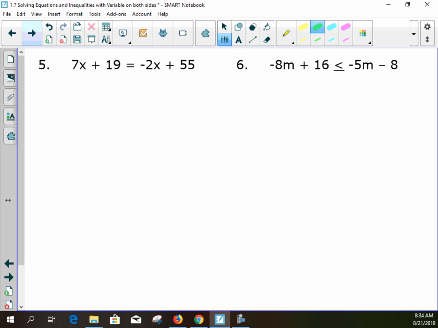Let's move to number 6 for the purpose of the video. Line at the inequality. Now, this is where you want to use the rule, move the smallest number with a letter. What's smaller, negative 8 or negative 5? Negative 8. I got to get these on the same side. So I'm going to add 8m to both sides.